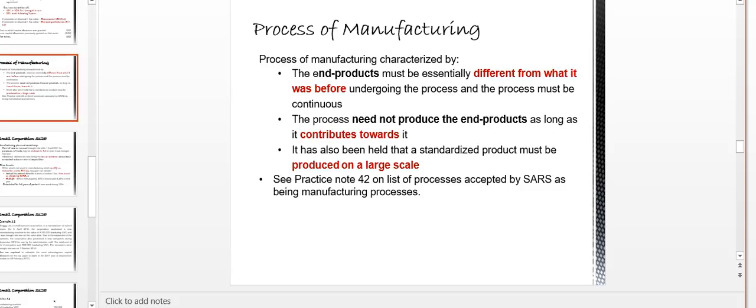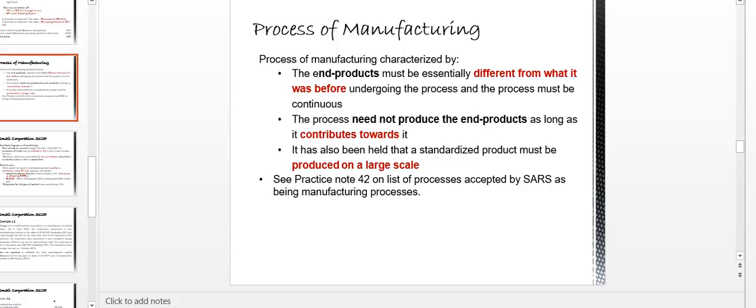And in a process of manufacturing, you need not produce the end product, as long as you contribute towards it. And also this process has to be held on a large scale.